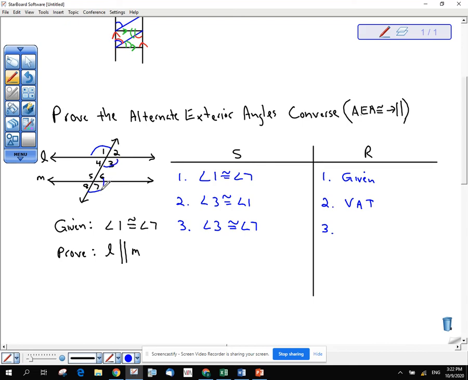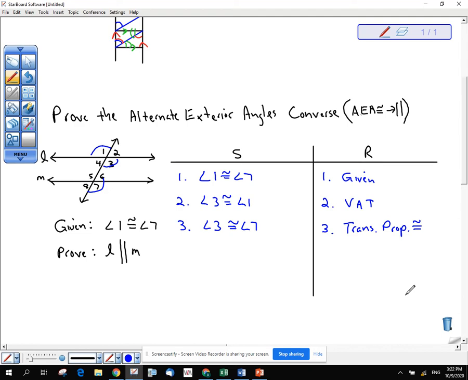So this is not corresponding angles. Look into your previous lines of the proof and you'll find your justification for this. If 1 is congruent to 7 and 1 is congruent to 3, then 3 and 7 are congruent. This is the transitive property or substitution. And since these are all congruent symbols, this is the transitive property of congruence.